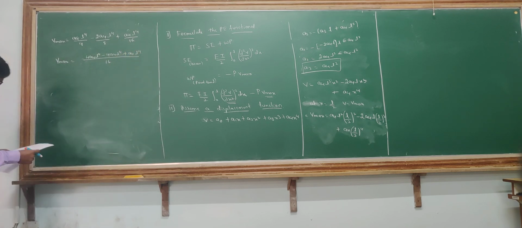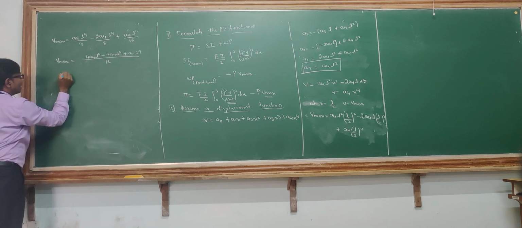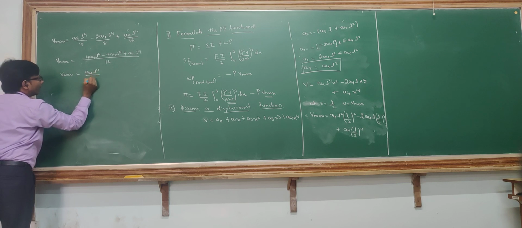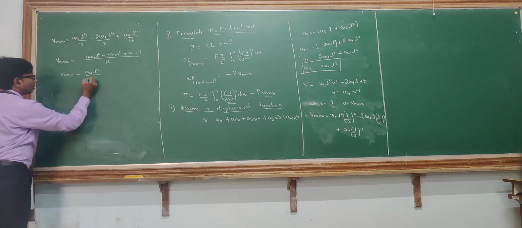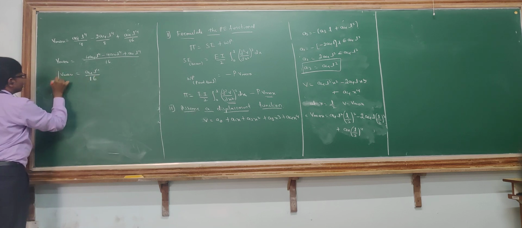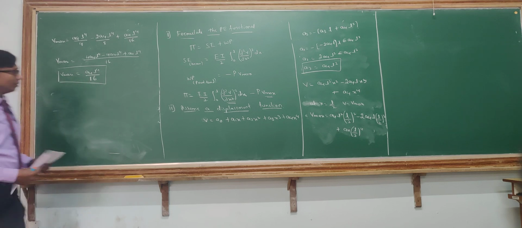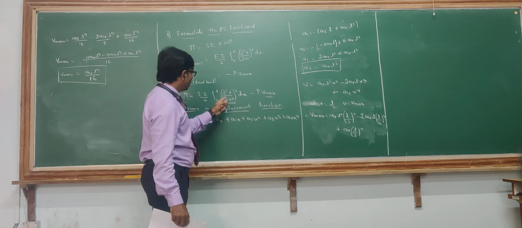So this gets cancelled out, and you will be getting V max as A4 L raised to 4 divided by 16. So from the substitution we now got the value of V max.